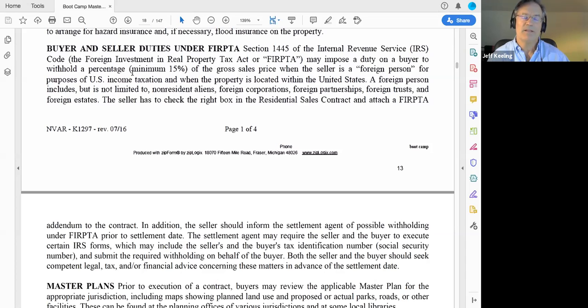Would that be the listing agent? How do you check that before you put an offer in so you don't get your buyer in trouble? You go to the listing agent and you say, is your seller a foreign person?